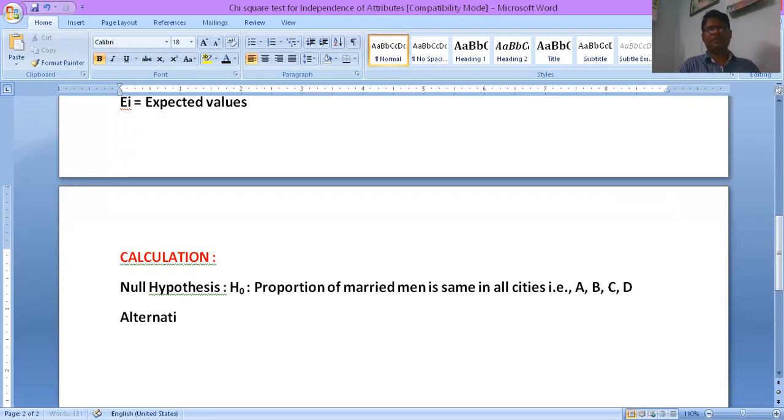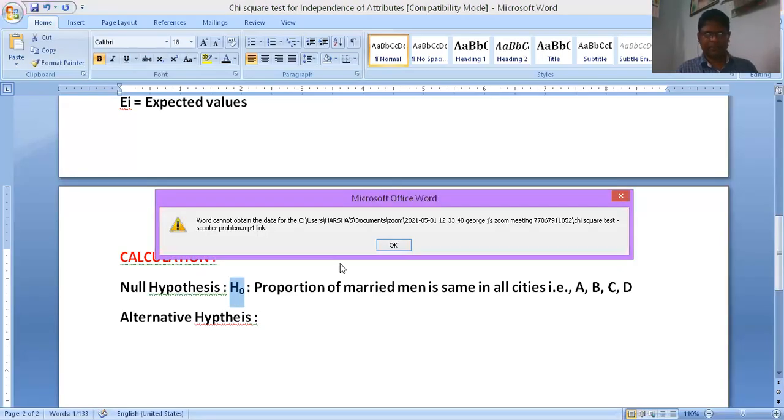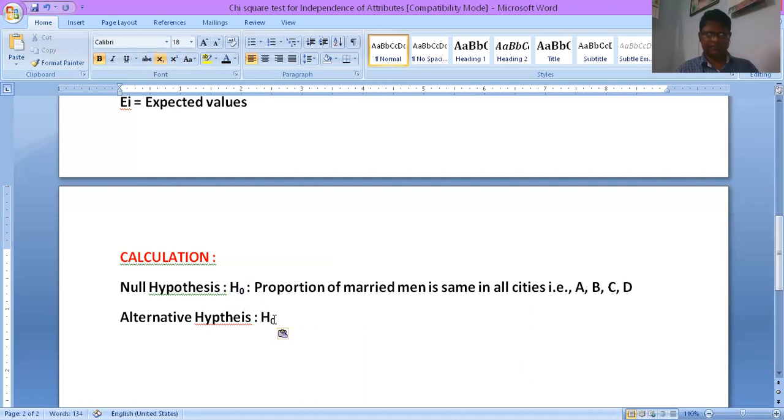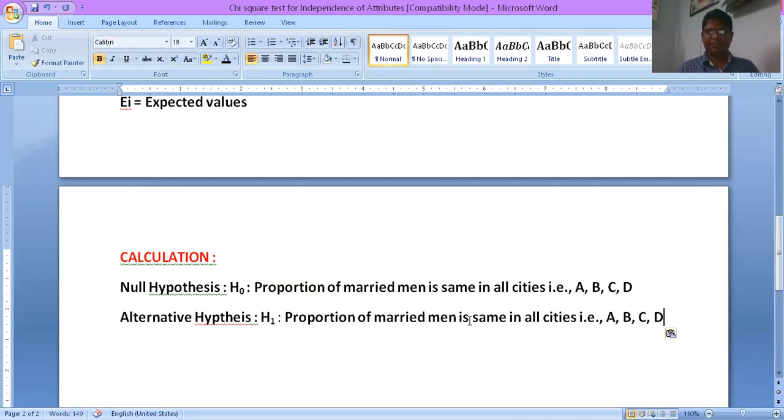And alternative hypothesis. Same statement, but the contrast statement: proportion of married men is not same in all cities, that is A, B, C, D. That is the alternative hypothesis.